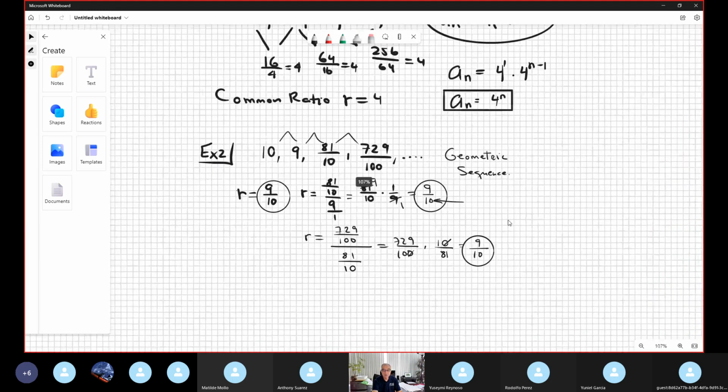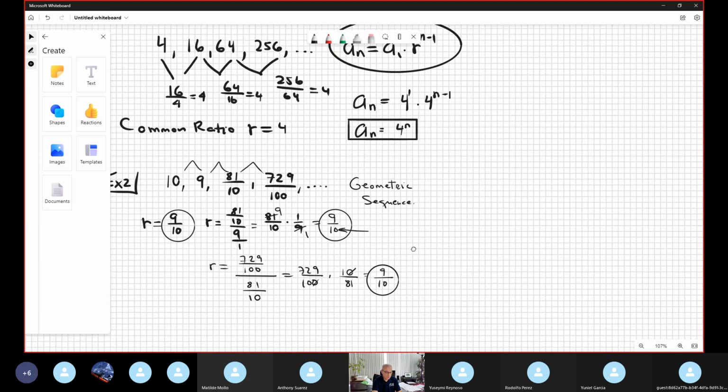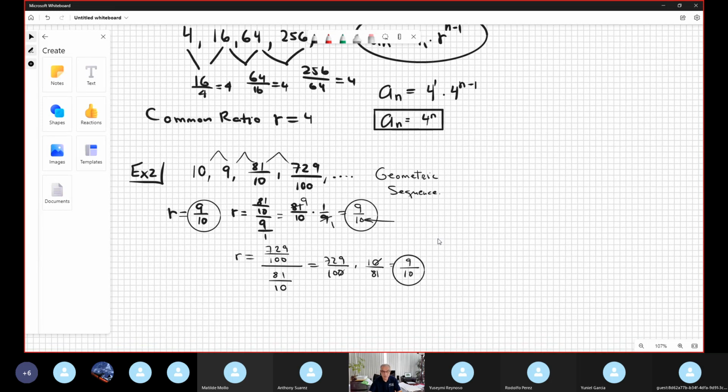So the formula for finding any term of the geometric sequence is, well, okay. Suppose in this example, let me take advantage of this example, what is the general formula? The formula is A sub n equals A sub 1 times R to the n minus 1.